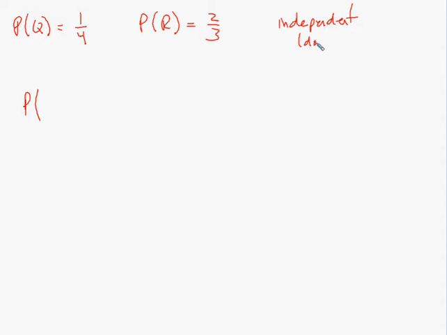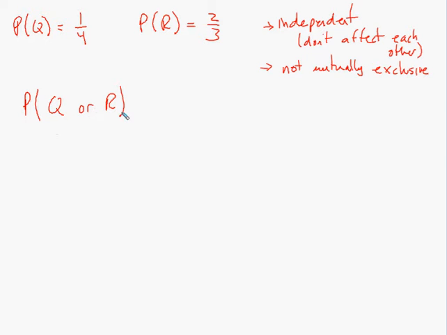They don't affect each other. And they are not mutually exclusive, as in there is some overlap. So some events in R are also in Q, and some events in Q are also in R. So then what's the probability of Q or R?